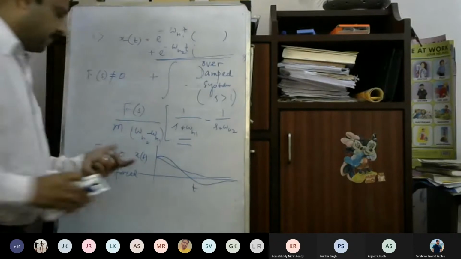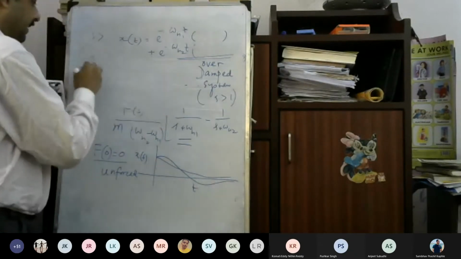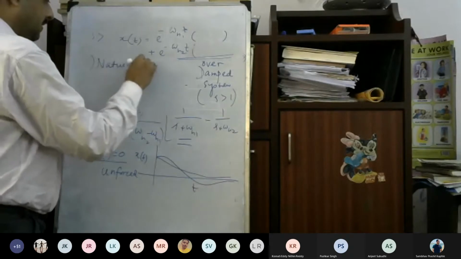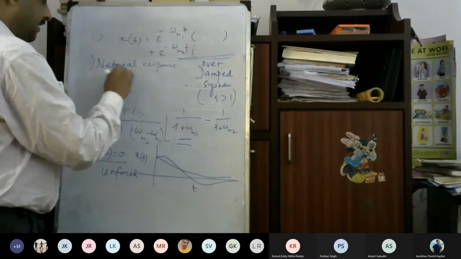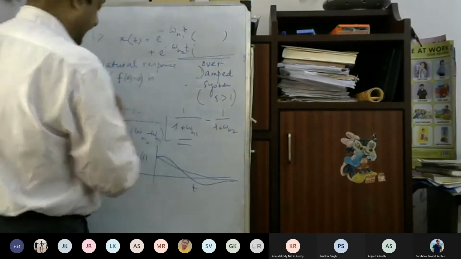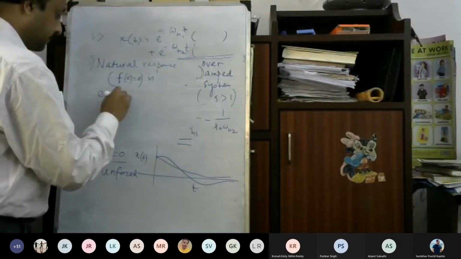So this is what we have. The characteristic of the overdamped system is that the natural response, that is f(t) equal to 0, is exponentially decaying.